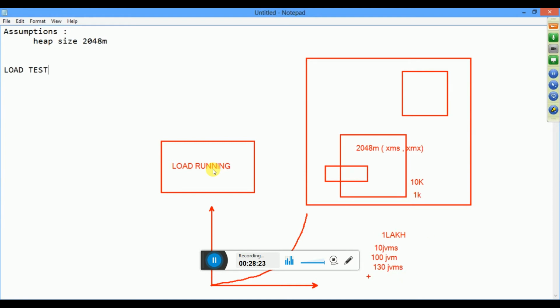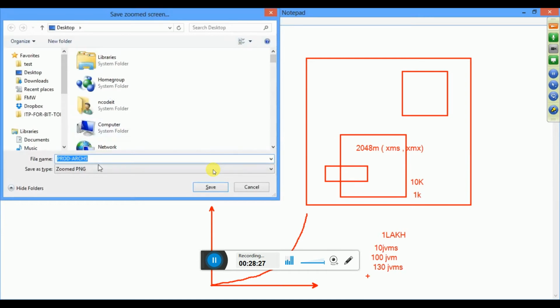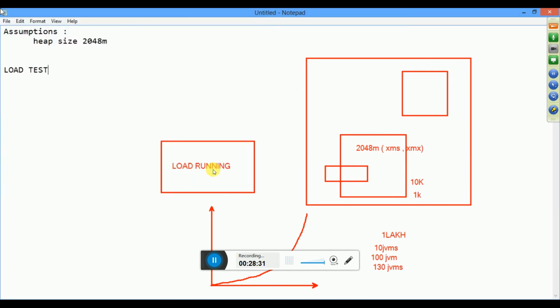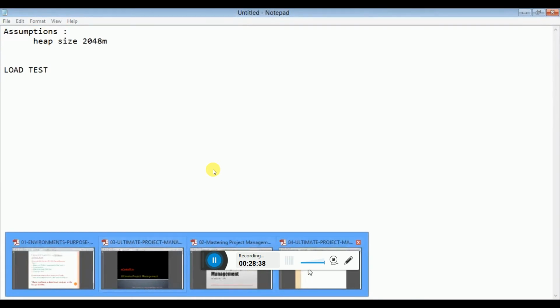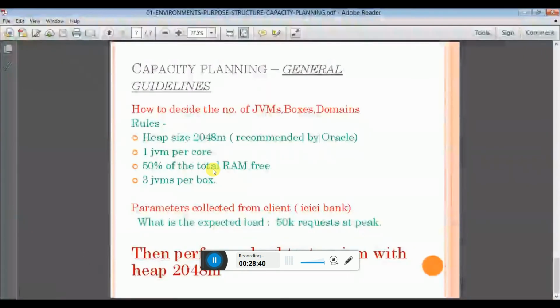Once you have decided the number of JVMs, then the rest of the things you go by the assumptions. You basically say you have decided 130 JVMs I need, each JVM having 2 GB.